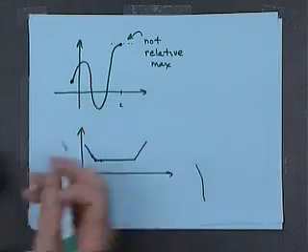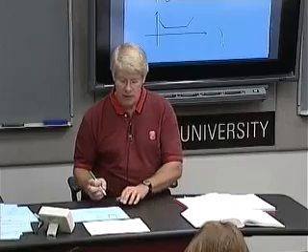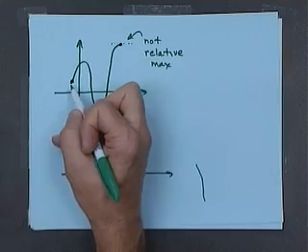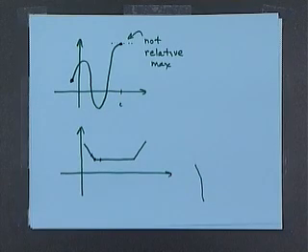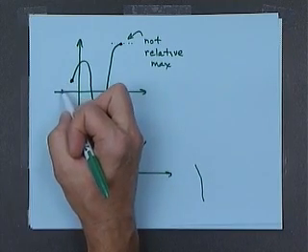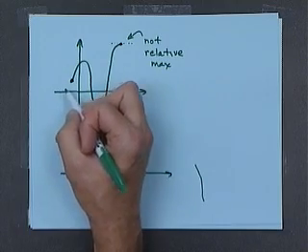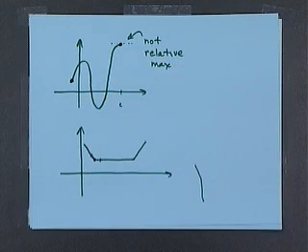So an endpoint will never be a relative anything. But it could be an absolute one or the other, max or min. The reason is that we can't create that open interval. We can't go left of here to determine if, in fact, it's a relative min, and we can't go right of here. So by definition, according to these authors, endpoints will never be relative max or relative mins.